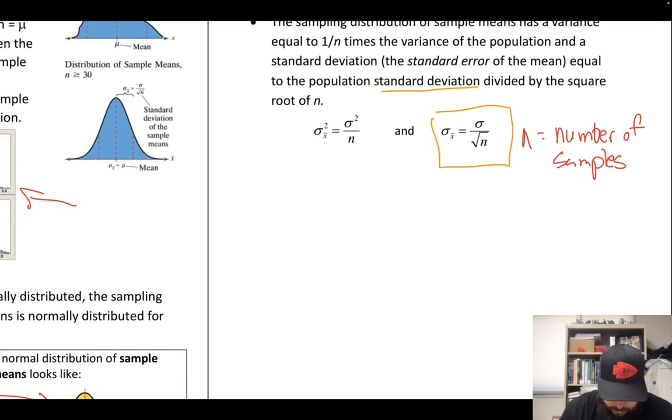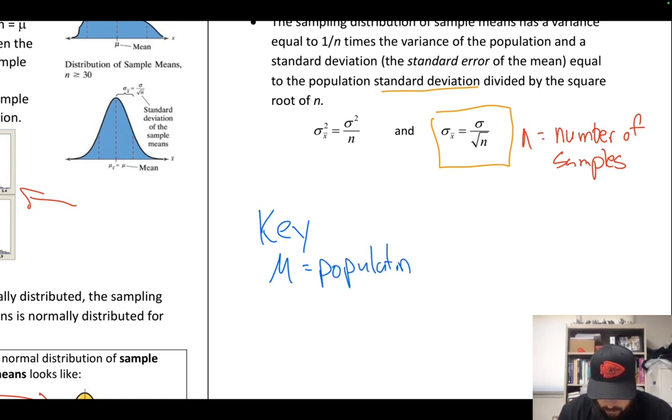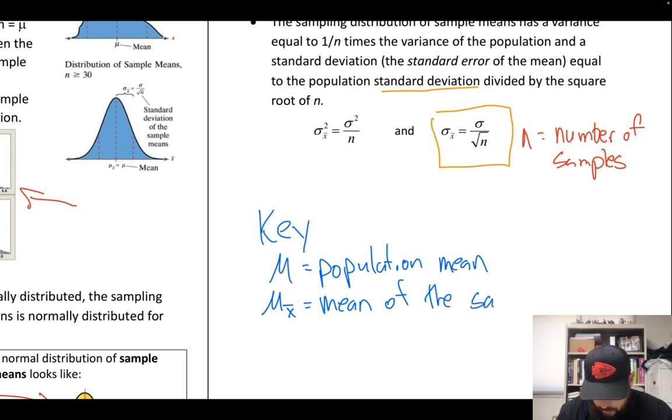All right, so quick key of all these things, because I know it's a lot here. We have mu, which is our population mean. We have mu x bar, which is the mean of the sample means.